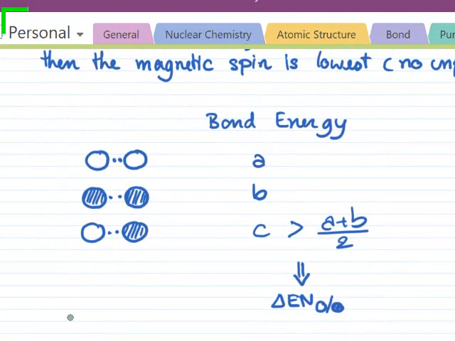So Cl has a stronger capability to take the bonding electron to the right-hand side, and this causes your chlorine to be partially negative and the hydrogen atom partially positive. So this is still called covalent bonding, and this is called a polar bond.